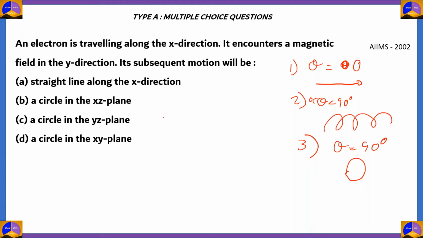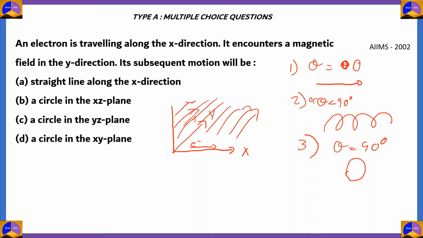Let's look at our question. The electron is passing in the x direction. So this is our electron. And a magnetic field is induced in the y direction. Let's consider this as y. As you can see, the magnetic field is perpendicular to the motion of the charged particle.